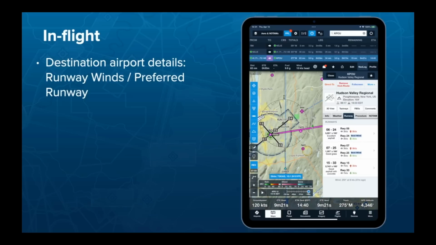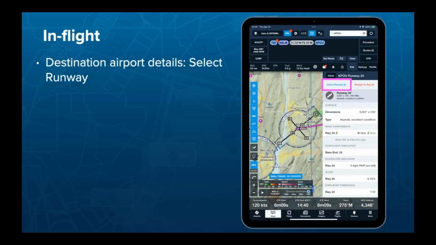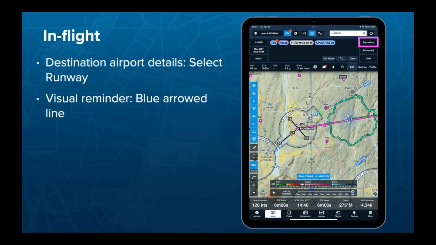You do that by tapping on the runway number and then saying select the runway. When you do that, it adds a blue line and little arrows on it to show you that's the runway that you've designated. And then you can also see up at the top in the flight plan drawer that it has selected runway 24.